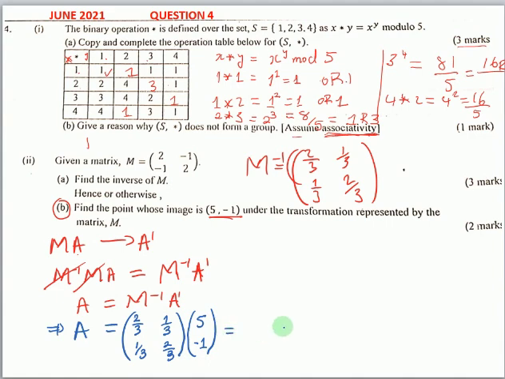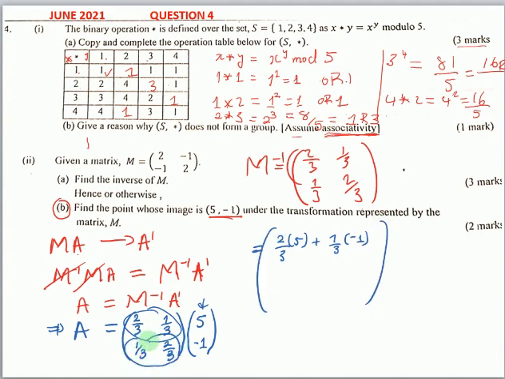To multiply this, the row here is going to plunge into the column. We have 2 on 3 times 5 plus 1 on 3 times -1. Then similarly, this row is going to plunge into the column. So you have 1 on 3 times 5 plus 2 on 3 times -1.